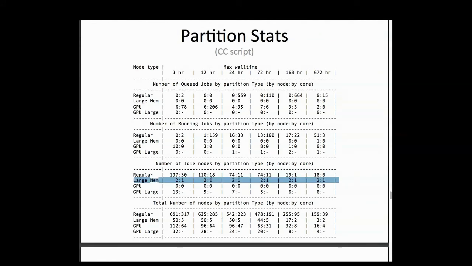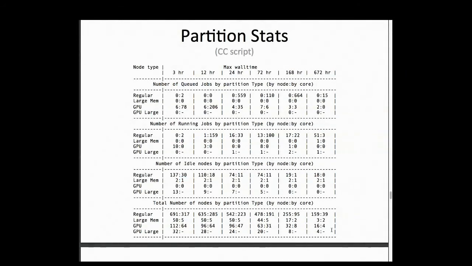Same thing's happening for the large memory here. There's basically 2 nodes sitting idle in the 3-hour queue that are available for jobs that request a whole node. But only one of those can be run if you're requesting resources by core.